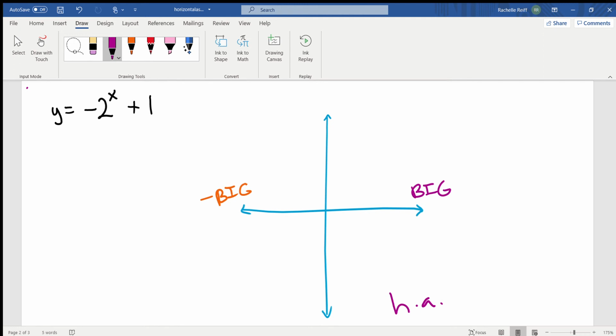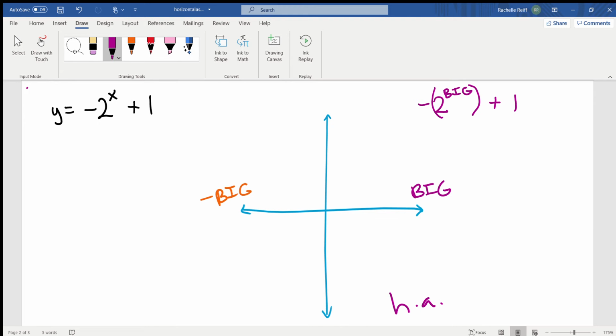Well, I'm going to get -2 to some huge number. Maybe it's a trillion, maybe it's like 9 googolplex, I don't know. But I'm going to have -2 to a really big number plus 1. What's 2 to a big power?